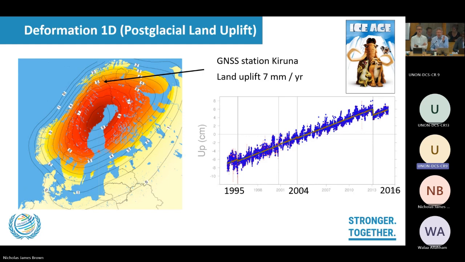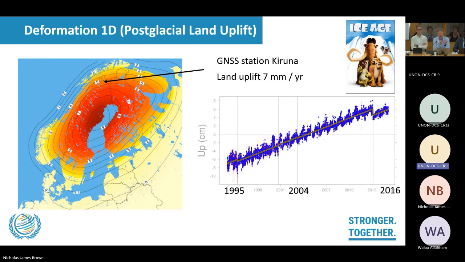If you look at the time series on the right-hand side, you can see that the land is lifting up over time. The scale on the left is showing between -8 and about +8 deformation in centimeters. So 16 centimeters over about 20 years, which is about 7 millimeters per year that the land is rising.